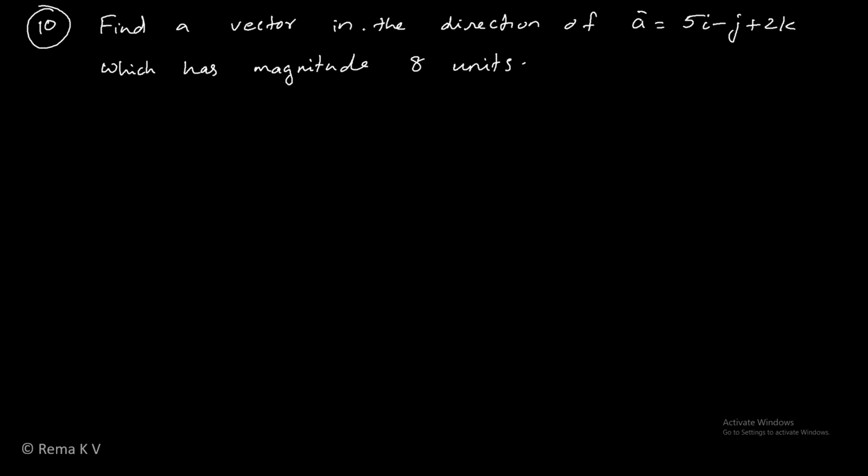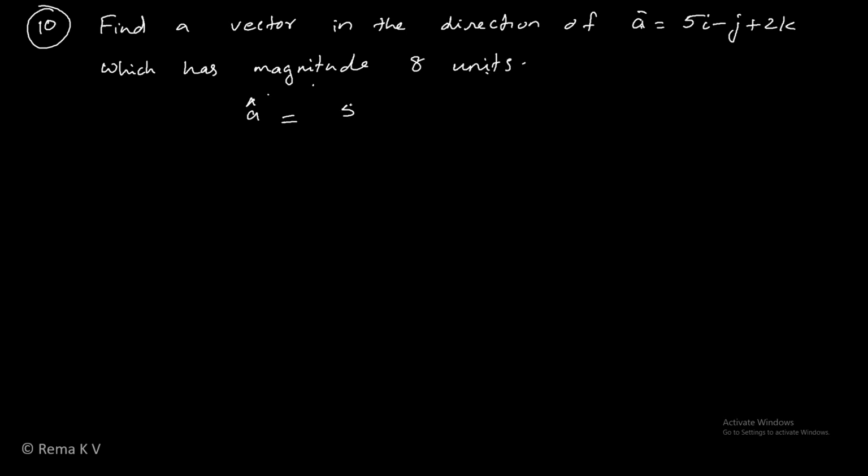A vector in the direction of vector A with magnitude 1 unit is the unit vector. So let us first find A cap.